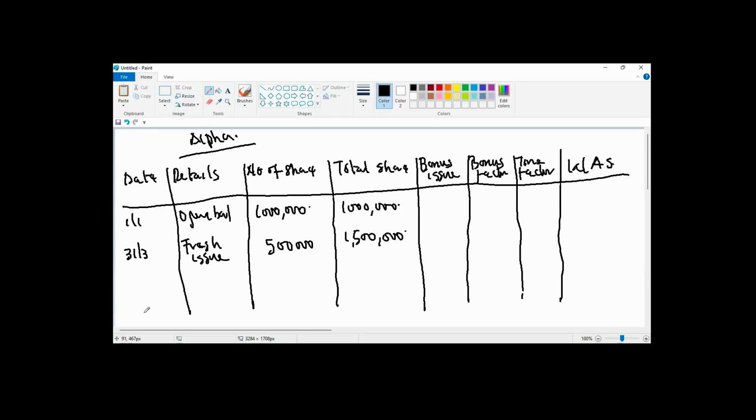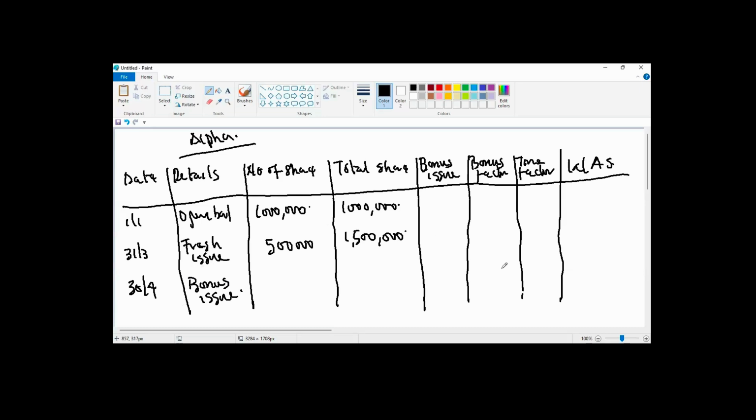Next, 30th of April. What happened? Bonus issue. What is the condition for the bonus? 1 for 2.